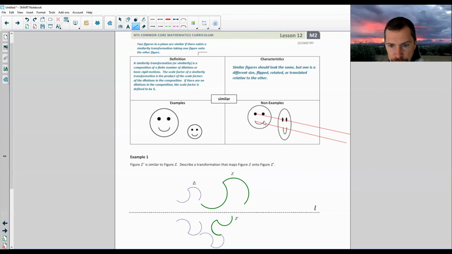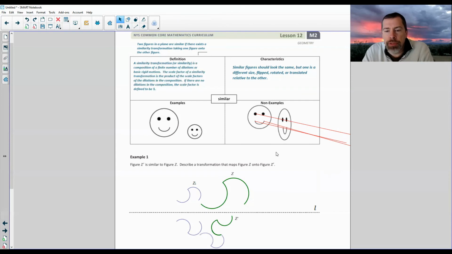And then if I chose the corner of this mouth and the corner of this mouth, notice that these two intersected here, but the eyes will not intersect at this point, and that therefore tells us that the dilation was not of similar shapes.